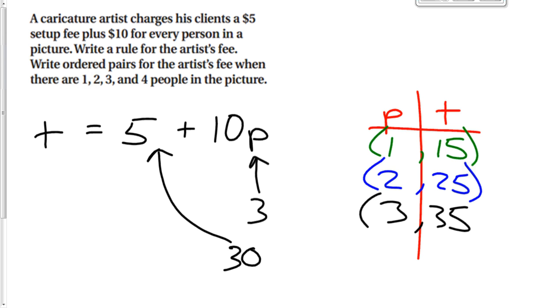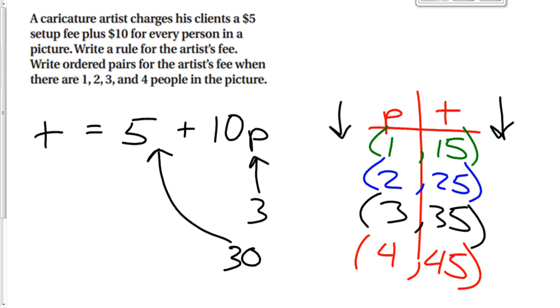Now, as you look here, as we go down, you start to notice a pattern, and that's because this would give us a straight line if we graphed it. As we add 1 person each time, the price goes up $10. And you can check to see if that would be the case. So those would be the ordered pairs for 1, 2, 3, and 4 people in my picture.